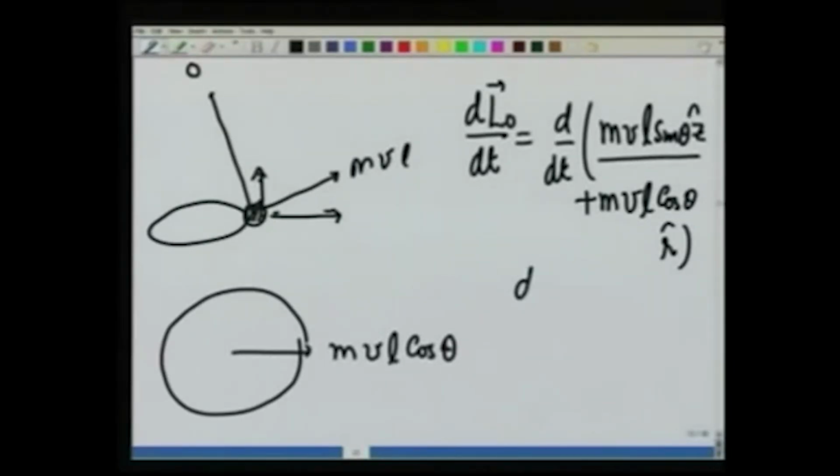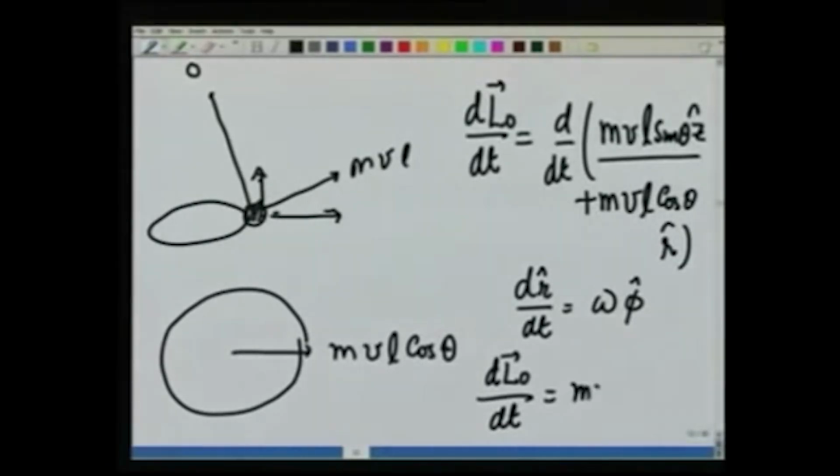And if you recall from the first or second lecture, dr over dt is nothing but omega in phi direction, and therefore, I get dL_O by dt as m v L cosine theta omega, and we will see what omega is, in phi direction.